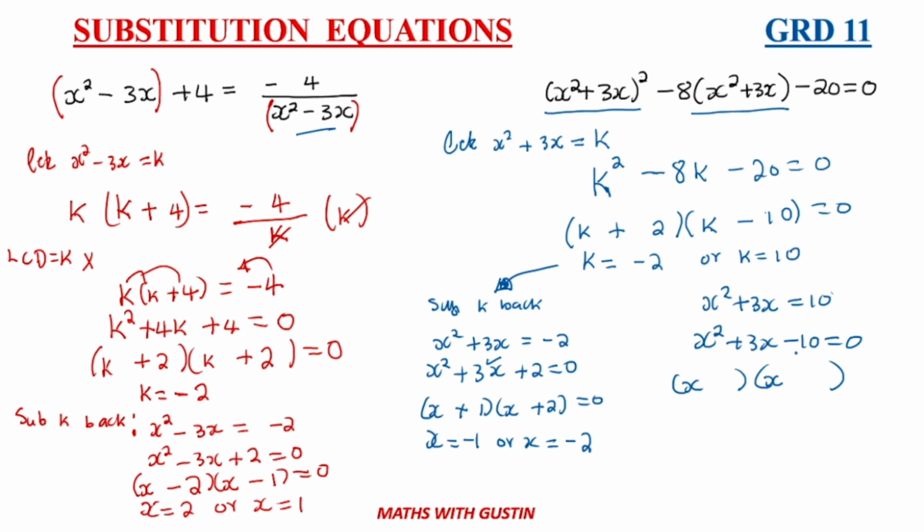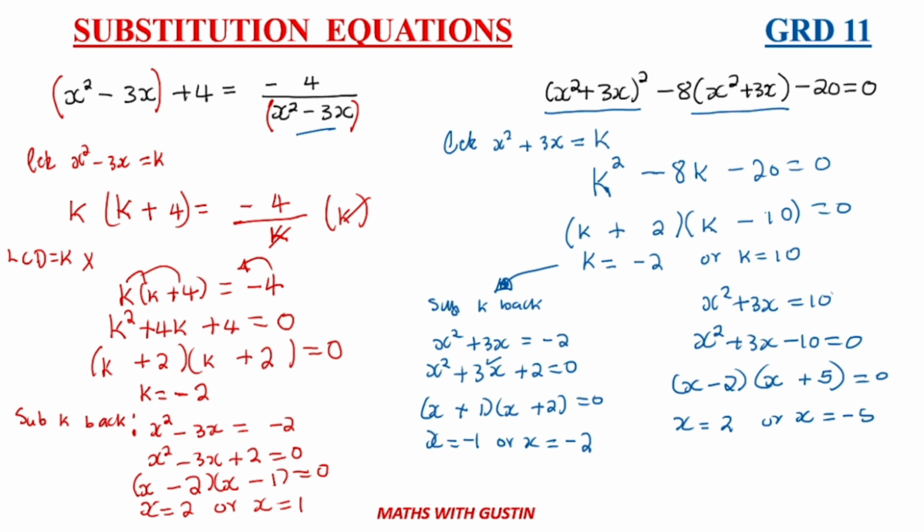Then two numbers, when you multiply them together, give us 10, but when you add them together, they must give us +3. That's a 5 and a 2. So it's going to be +5, -2 there. x is equal to 2, or x is going to be equal to -5.